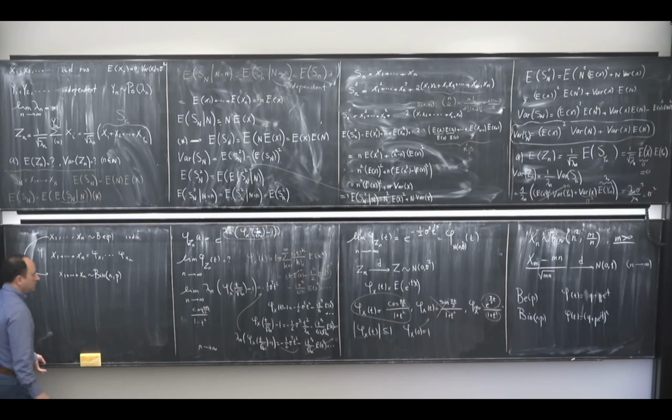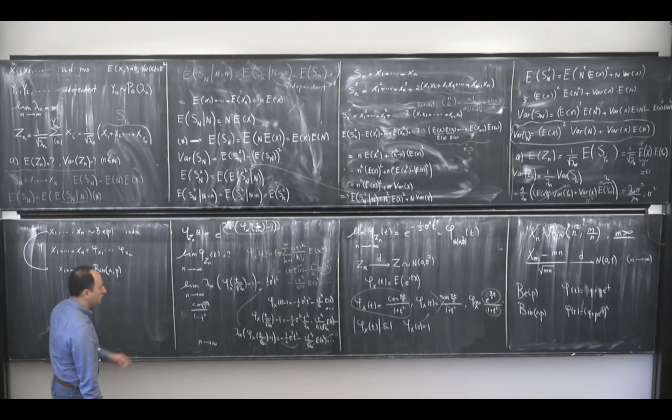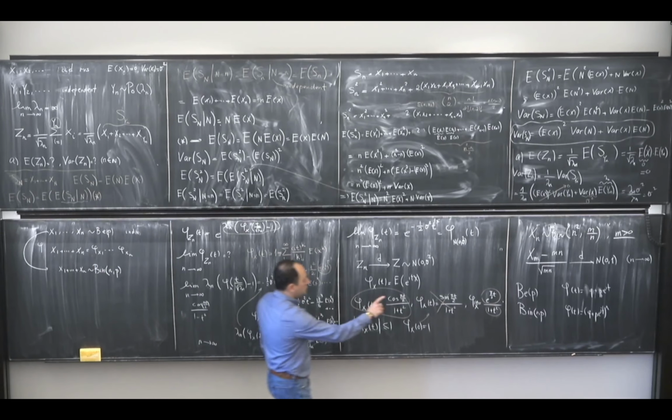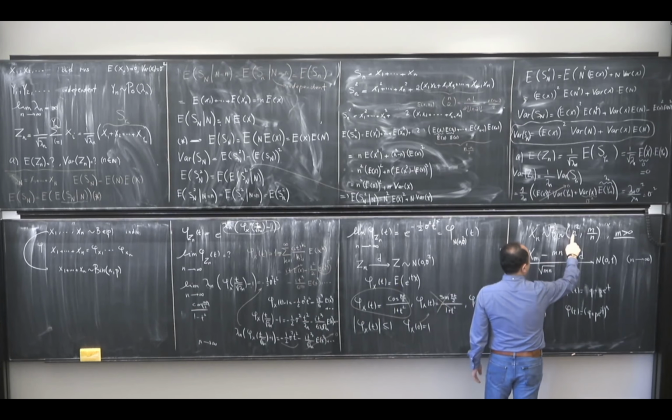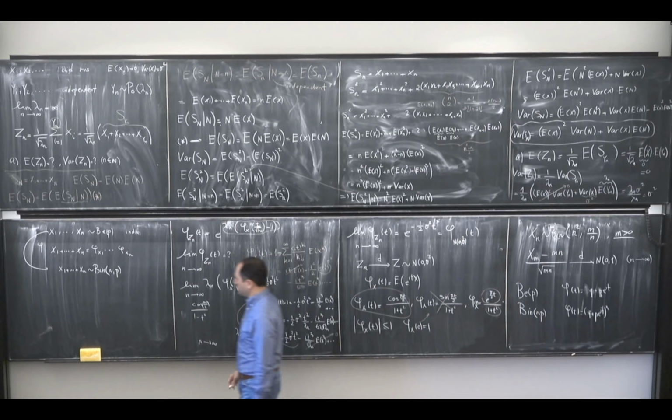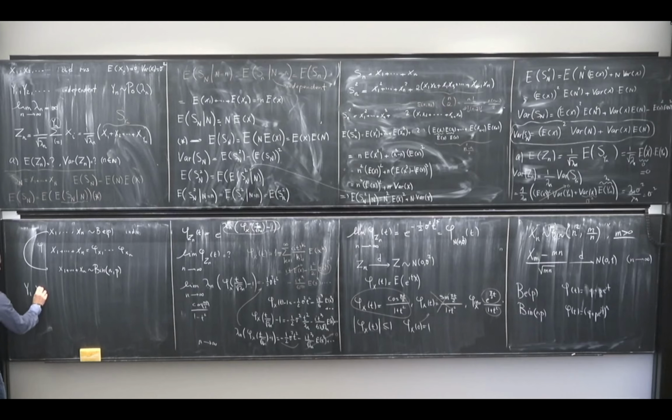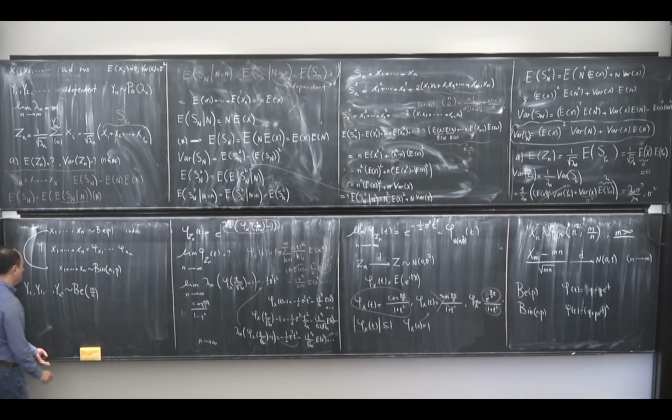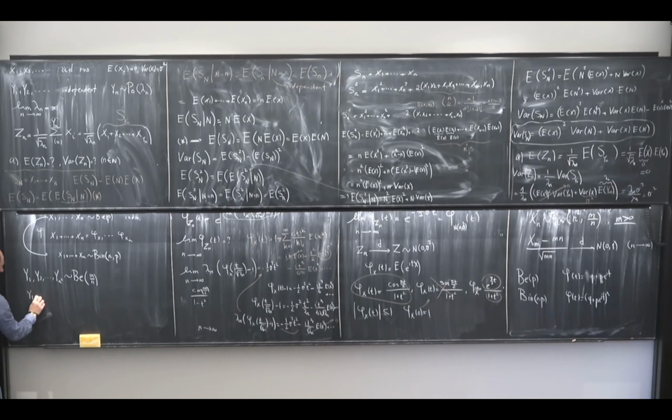Now I want to start with Bernoulli distributions, but I have to have n squared. Can you answer this question now? If I have Y1, Y2, up to Y_{n squared}, and all of them are Bernoulli with parameter m over n, what can you conclude about Y1 up to Y_{n squared}?